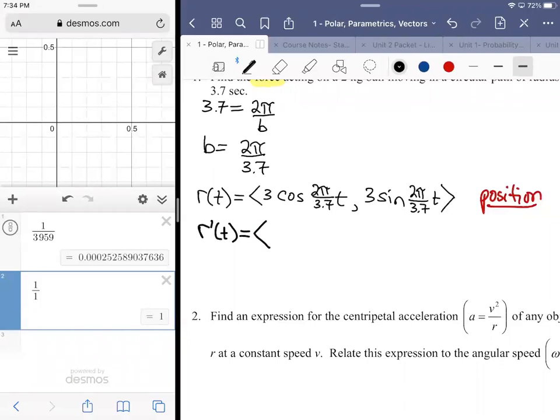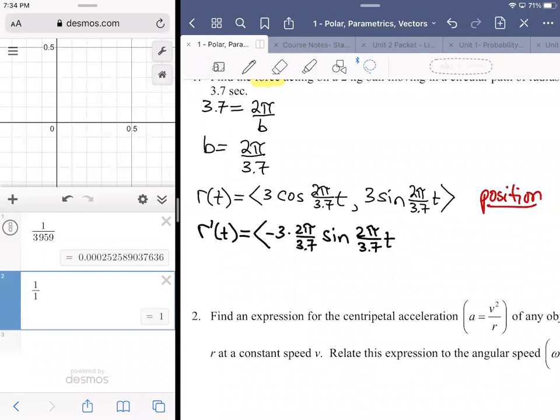So -3 times the sine of all that business inside times the derivative of all that business inside, right? So the short version is it's going to be -3 times 2 pi over 3.7 sine of 2 pi over 3.7 t.